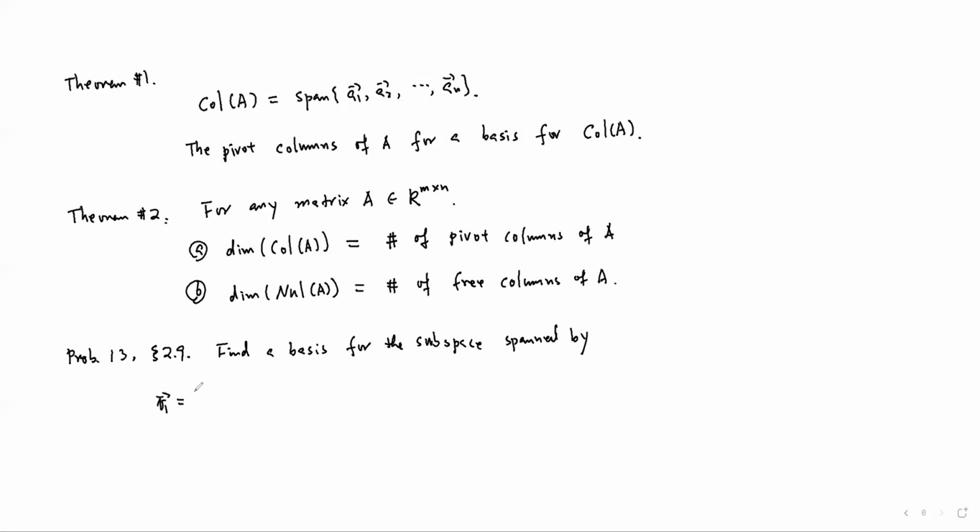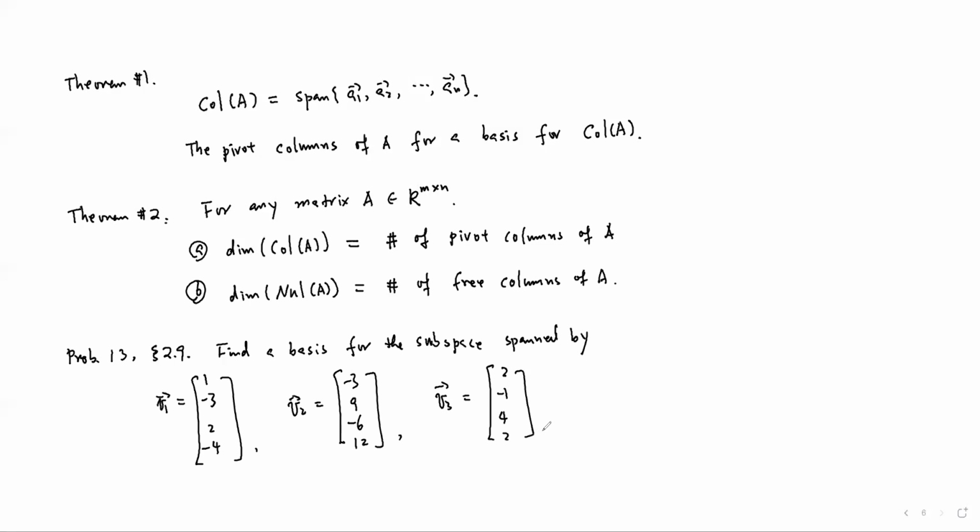Vector V1 is 1, 3, -3, 2, -4. Second vector, -3, 9, -6, 12. Then vector 3, and vector 4.